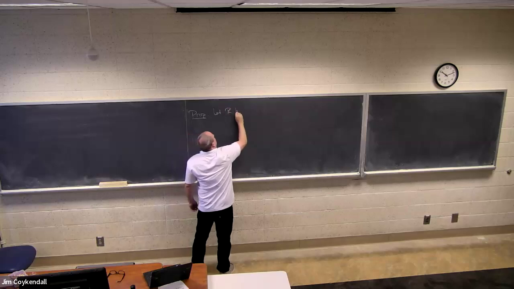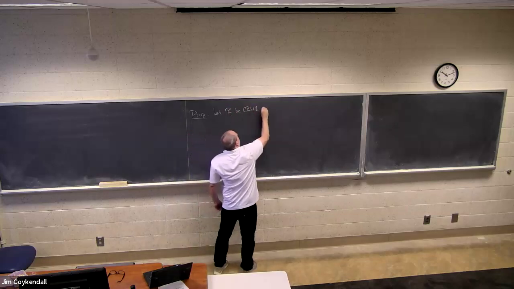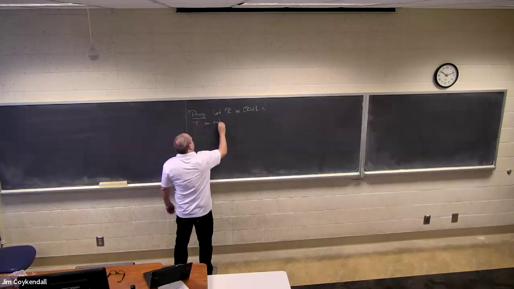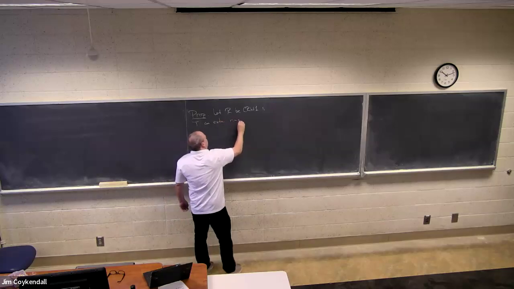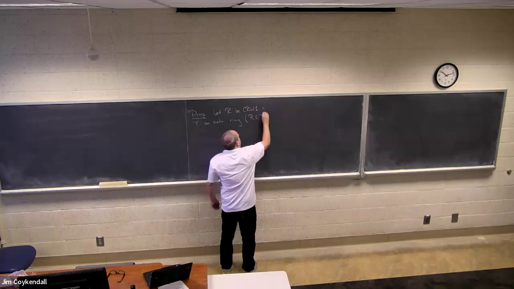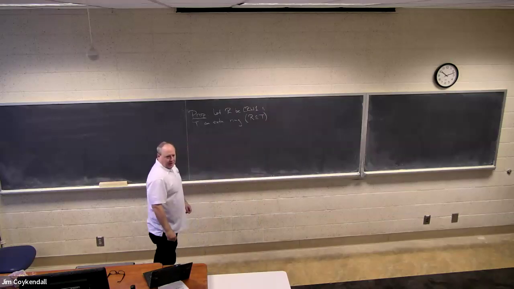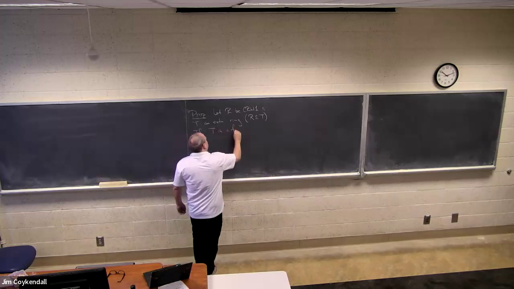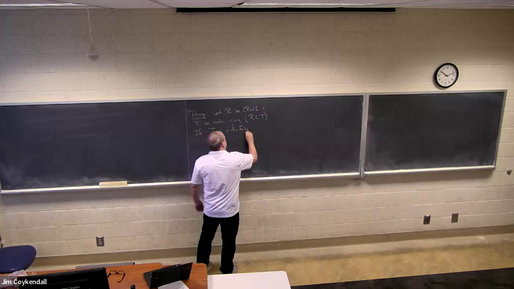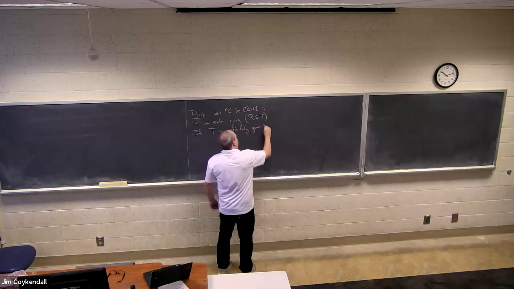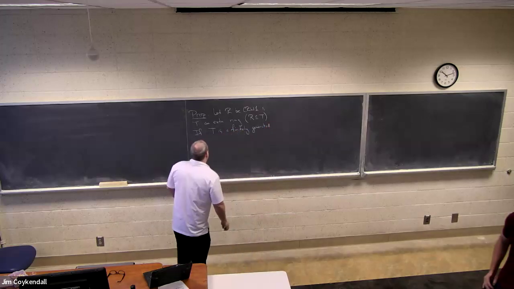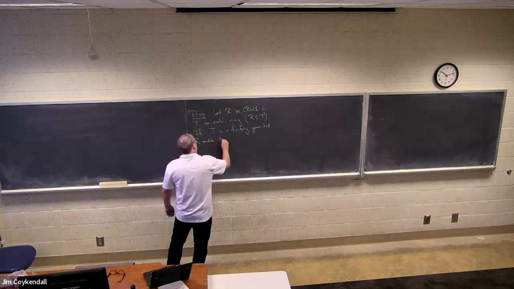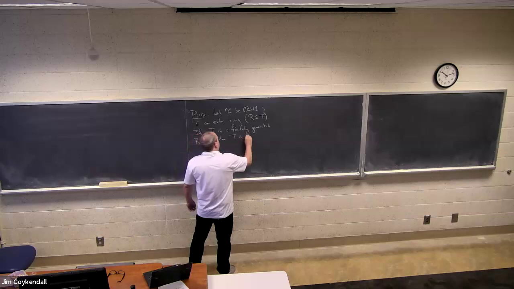Let R be a ring and T an extension ring, so R is contained in T. If T is a finitely generated R-module, then T is integral over R.